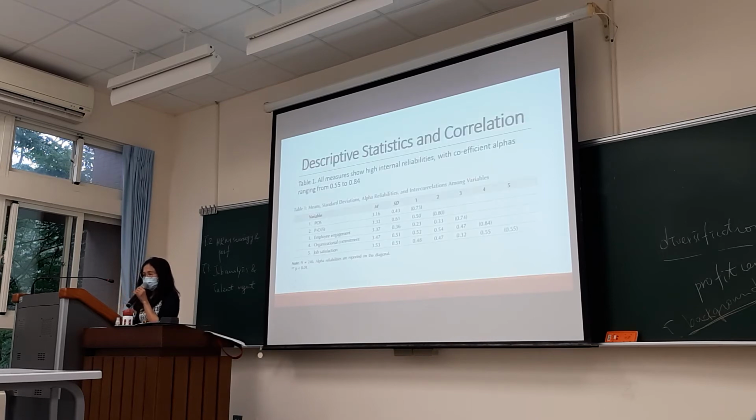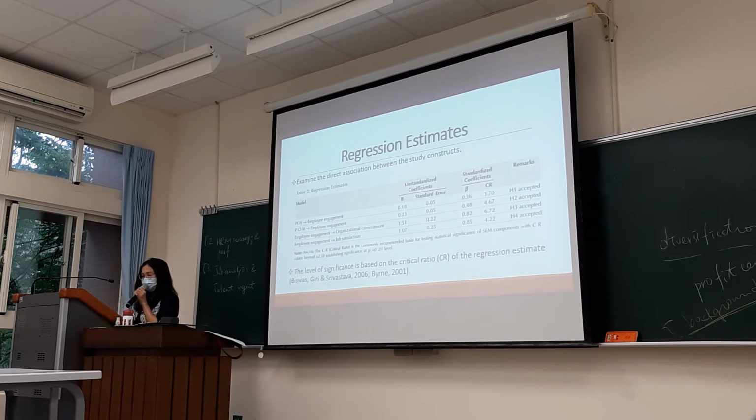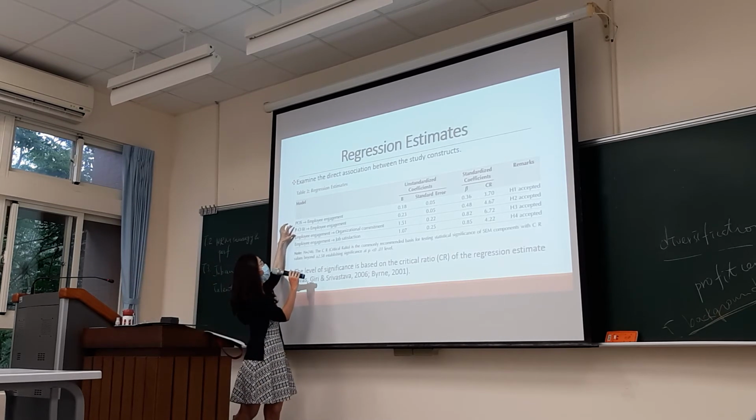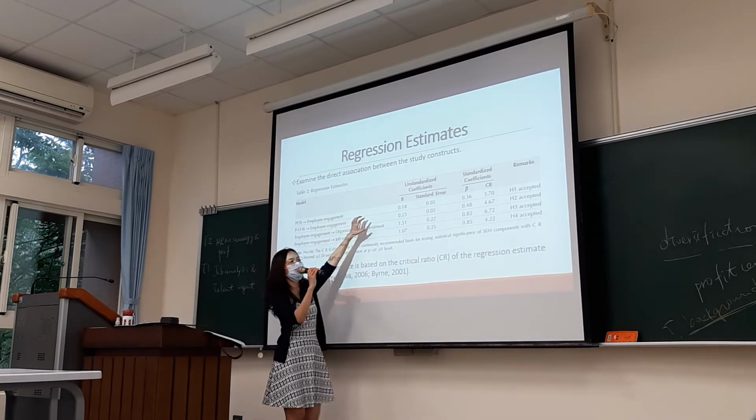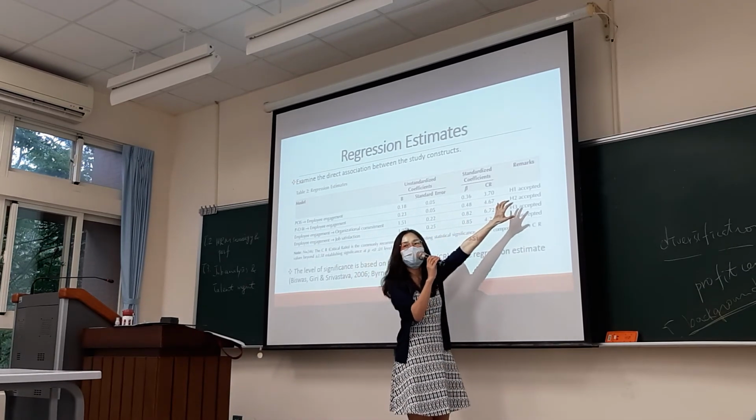And results. This is a statistical result. You also have to list it and illustrate it a little bit. This is a regression result. And generally, it will be better. For example, this result is related to the second hypothesis.